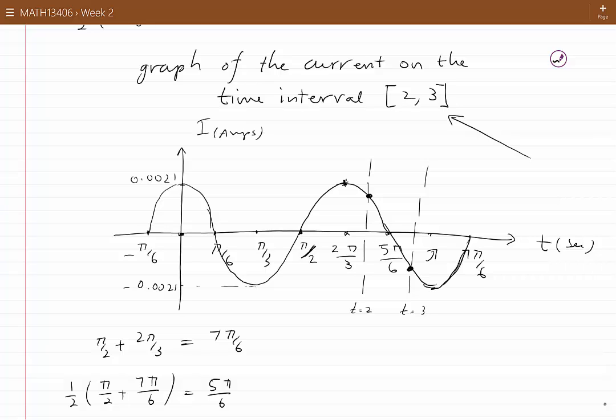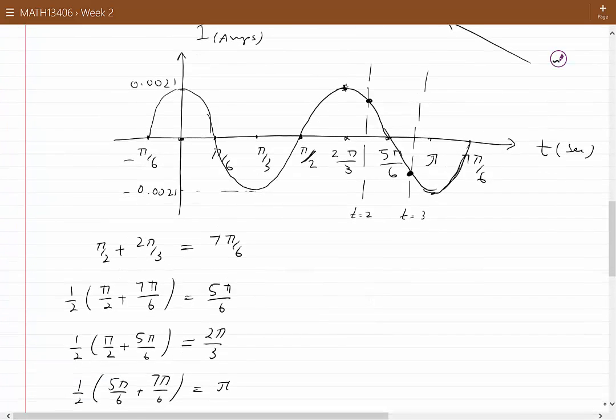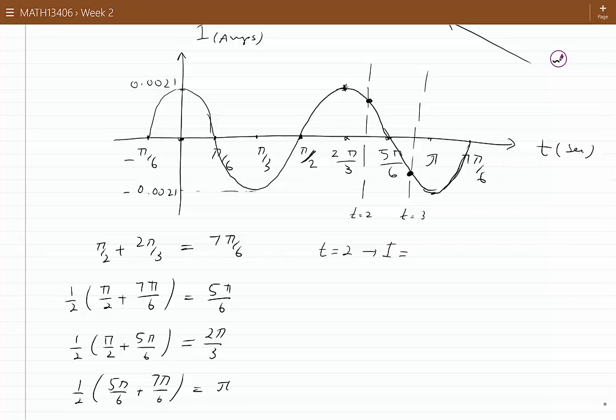If you're interested, we can calculate the value of I for these points. Let's say when t is equal to 2, I becomes 0.0021 sine of 3 times 2 plus pi by 2, which turns out to be approximately 0.0020 amps.